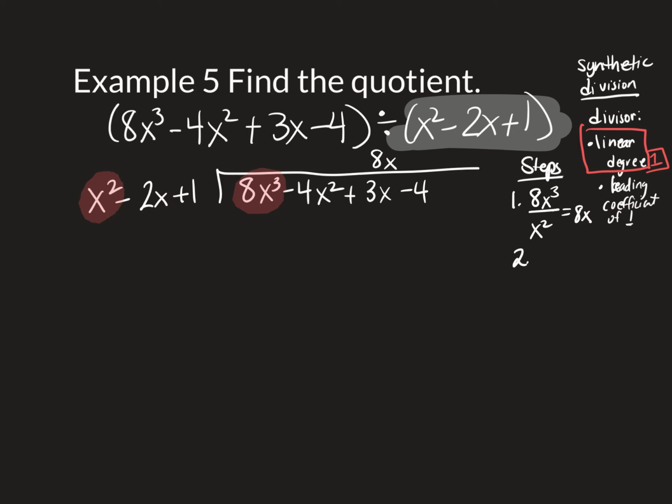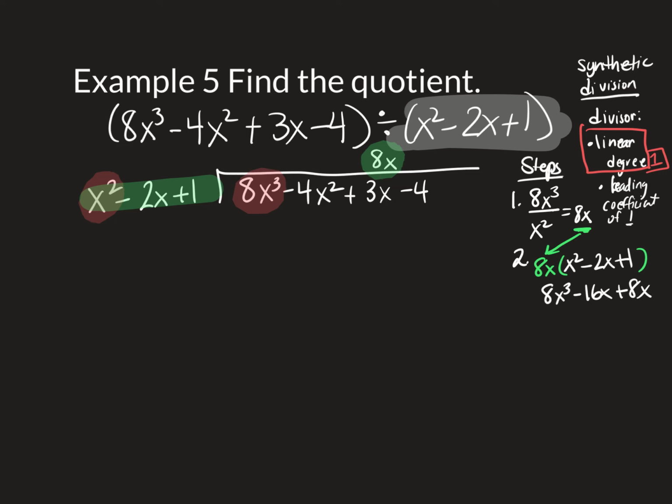Step 2, you multiply the answer that you just got, so 8x, by the divisor. Remember, you bring this down here and you multiply it by the divisor. Distribute. 8x times x squared is 8x cubed. 8x times negative 2x is negative 16x squared. 8x times 1 is positive 8x.